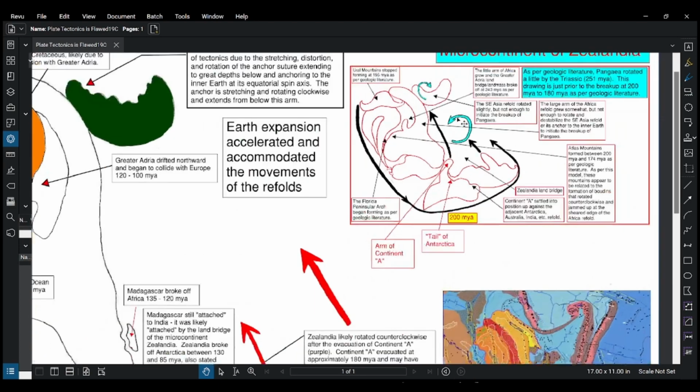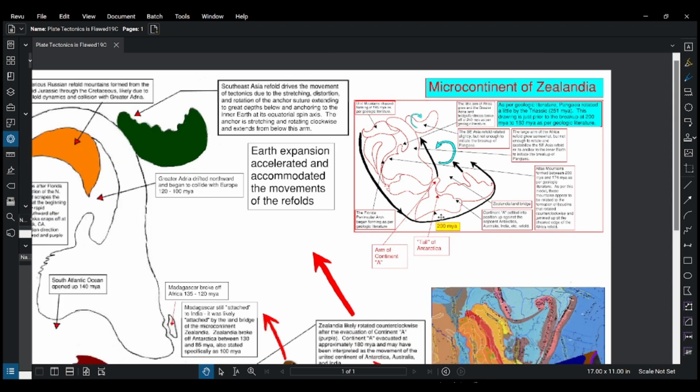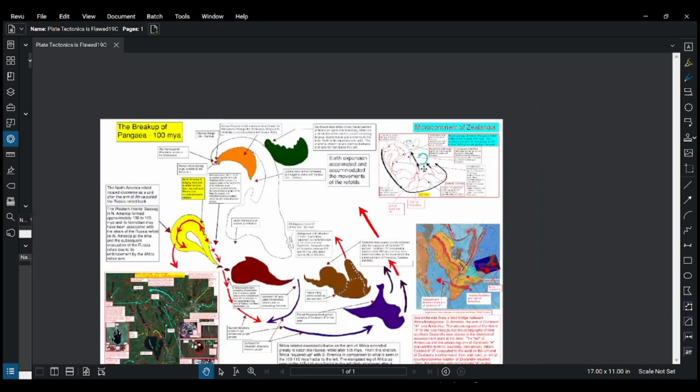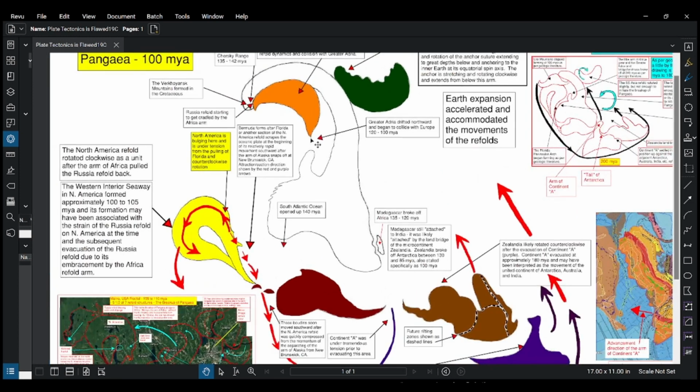I always show the diagram of just previous to what I'm featuring. So this is 200 million years ago, to show the difference. And now there's the featured diagram. You can also see the little arm, now that it has the space to develop, the little arm of Africa formed here, and Greater Adria is about to crush it when the Russia refold comes down and crushes it.